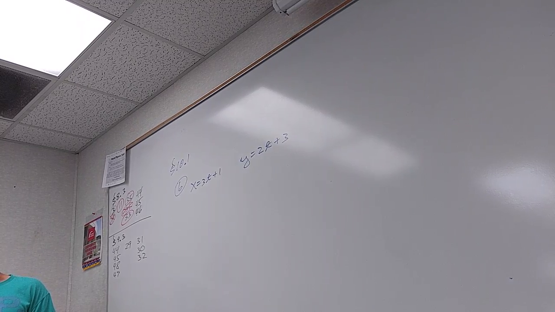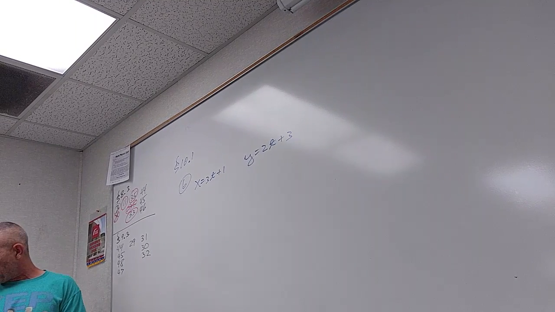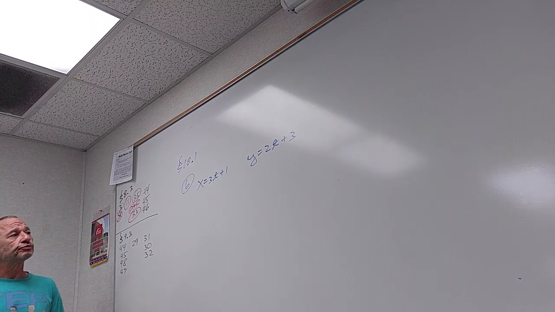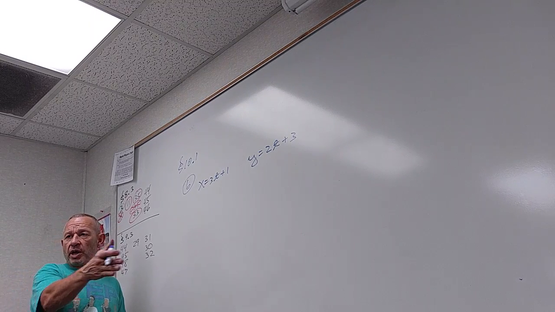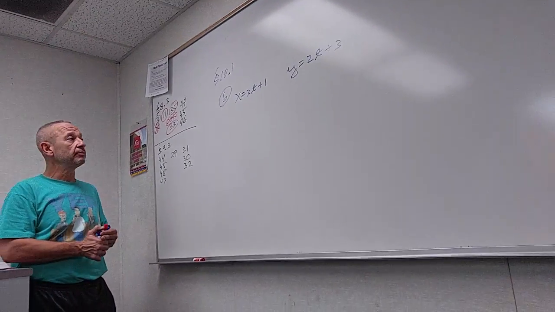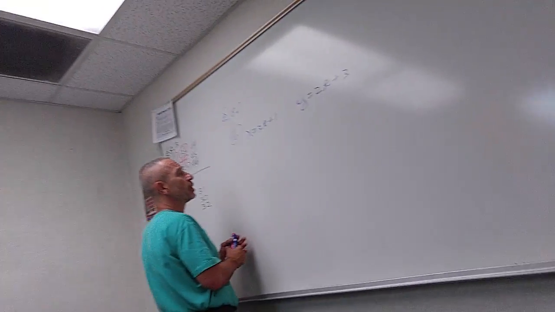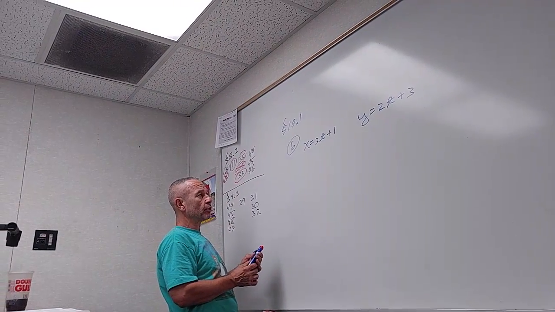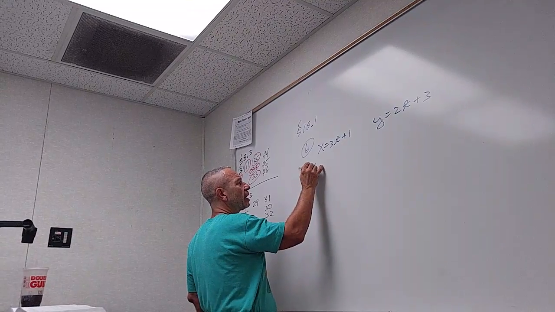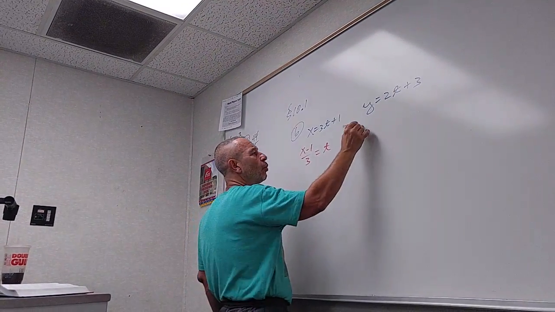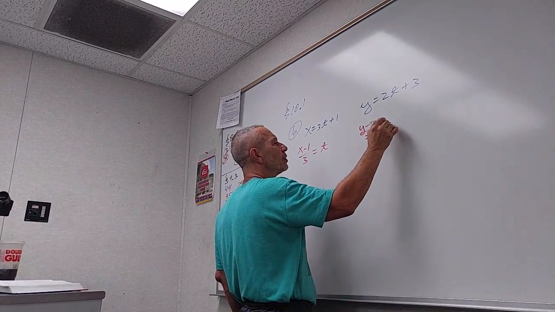They want us to sketch the curve using the parametric equation and then eliminate the parameter and find the regular old equation and sketch that. So you already know how to sketch it from t. You would just start picking values of t. If I want to eliminate the parameter, what I'm probably going to do here is substitute for t. In other words, (x minus 1) over 3 is equal to t. (y minus 3) over 2 is equal to t.